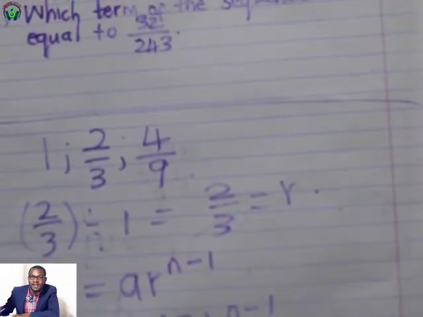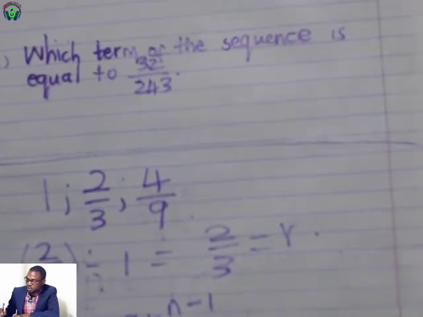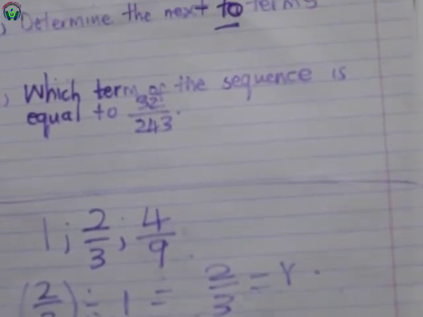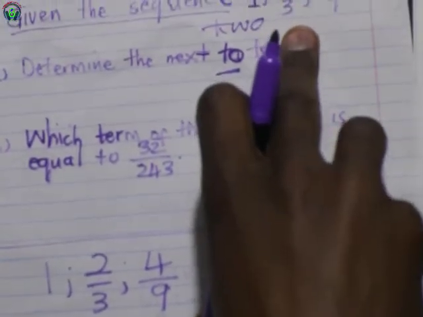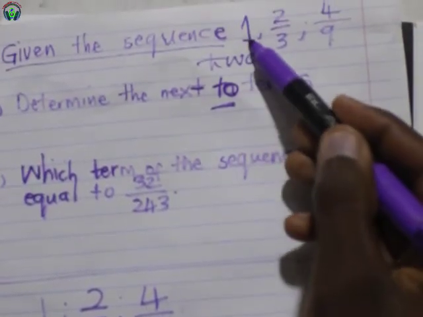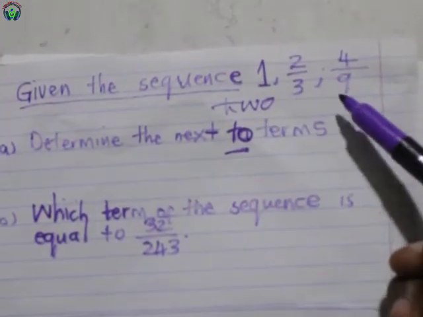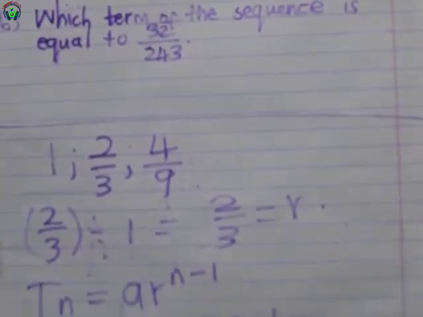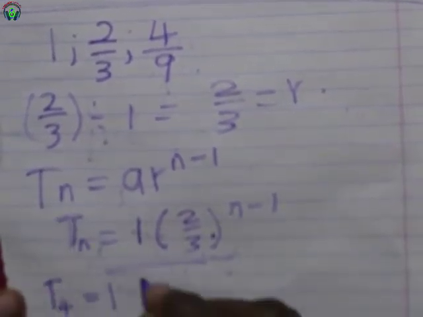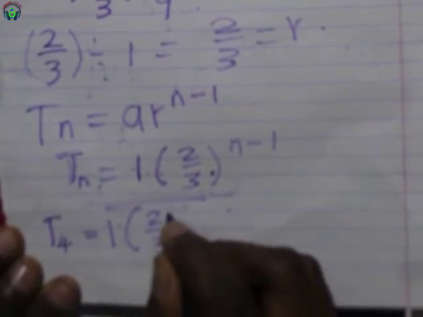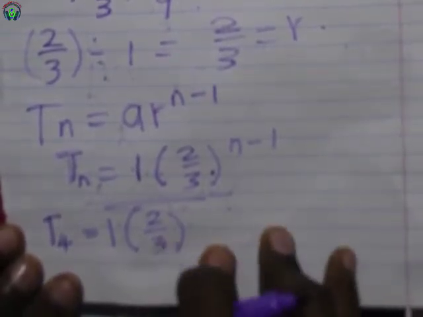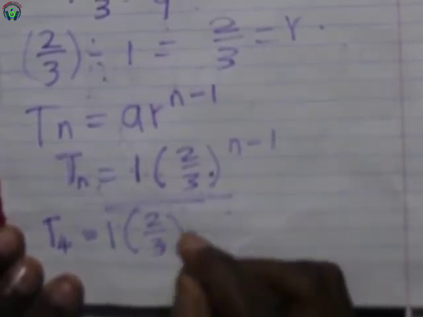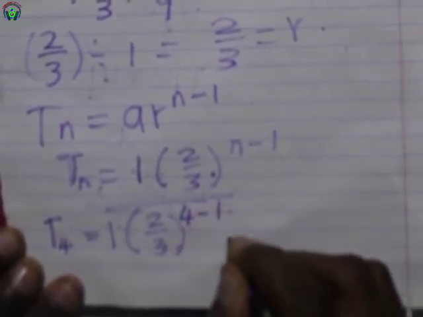So we need to find the next 2 terms in the sequence. We do this by finding how many terms we have already. We have term number 1, term number 2, and term number 3. So we need term number 4 and 5. Term number 4 becomes, wherever you see n, you substitute term number 4. 4 minus 1.